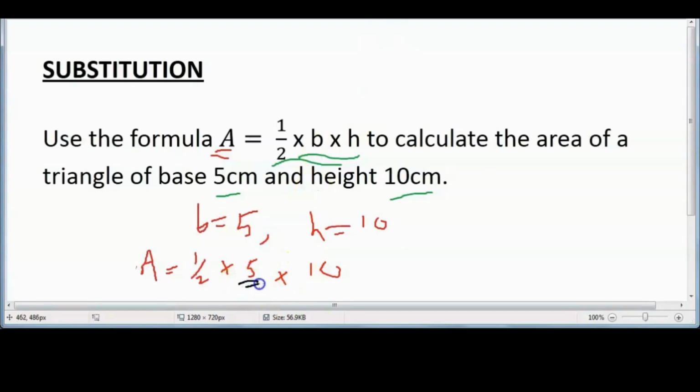Five replaces b. Then 10 replaces h. That's 25 centimeters.